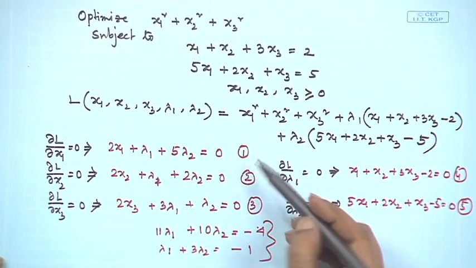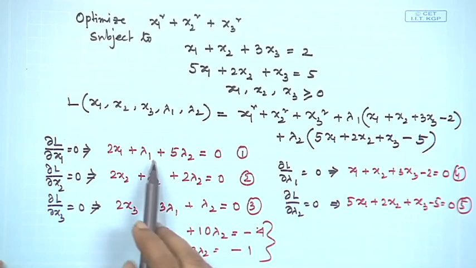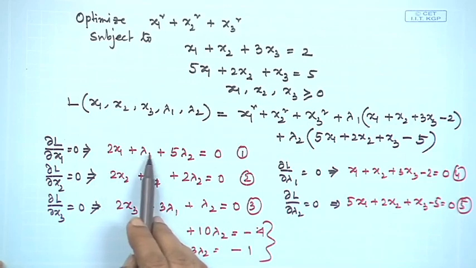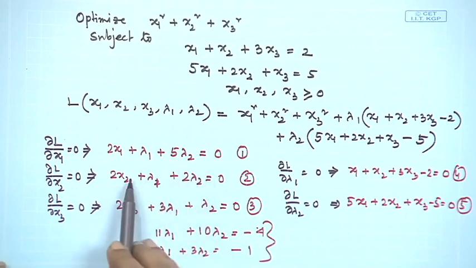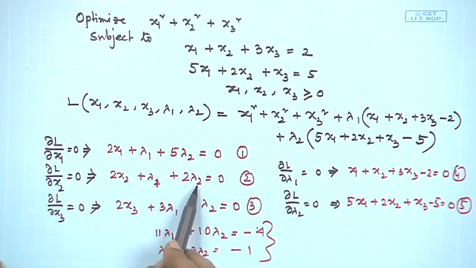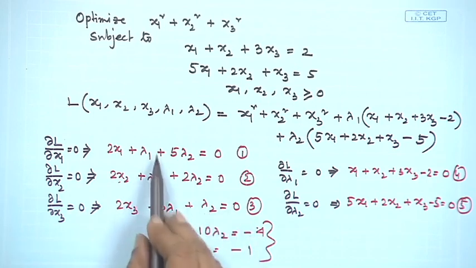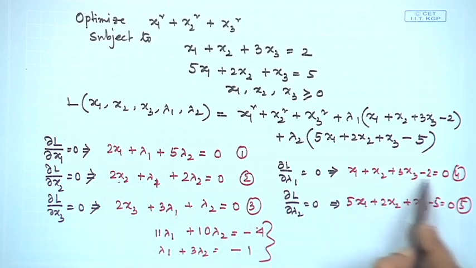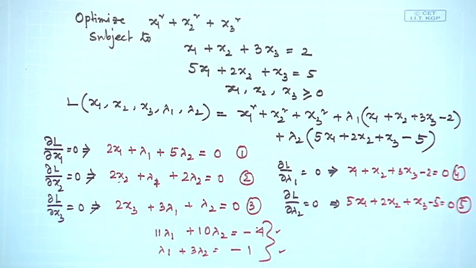Once again, by substituting the values from 1, 2, 3, you see we have x1 equal to minus lambda 1 minus 5 lambda 2 divided by 2, x2 equal to minus lambda 1 minus 2 lambda 2 divided by 2, and x3 equal to minus 3 lambda 1 minus lambda 2 divided by 2. If we substitute this x1, x2, x3 in the fourth equation, we get the first equation, and if we substitute the same x1, x2, x3 in the fifth equation, we get the second equation.